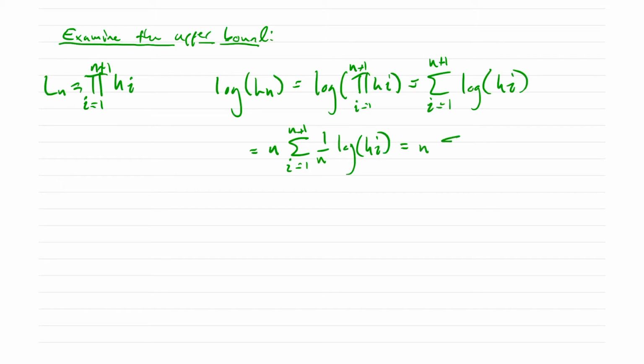So it's going to give me n times the sum, i equals 1 to n, of 1 over n log of h times i, plus an extra term that I need to peel off, and that's going to be the log of h times n plus 1 here.